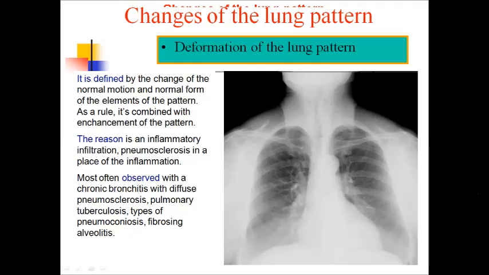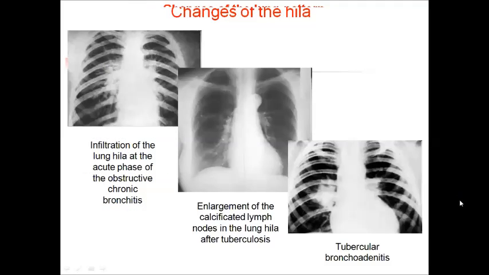As a rule, it's combined with enhancement of the pattern, and the main reason is inflammatory infiltration, pneumosclerosis, which develops in the place of previous inflammation, most often observed with chronic bronchitis, with diffuse pneumosclerosis, with pulmonary tuberculosis, different types of pneumoconiosis, or fibrosing alveolitis.